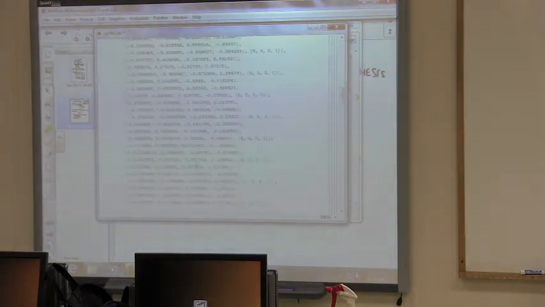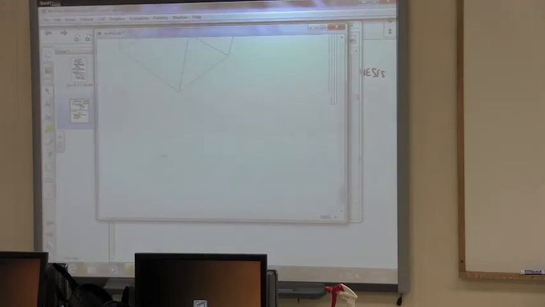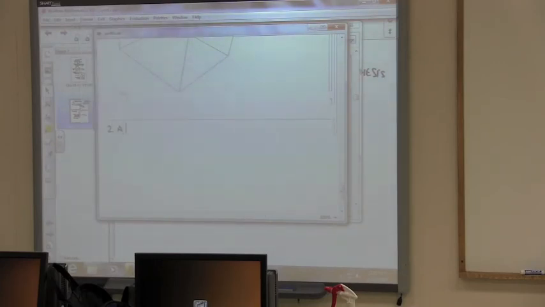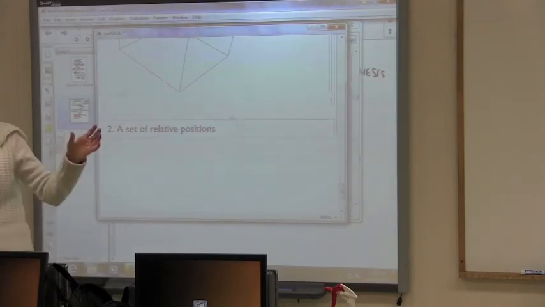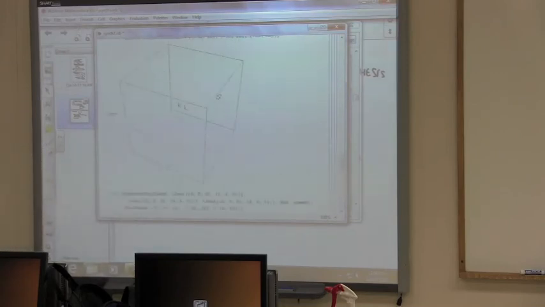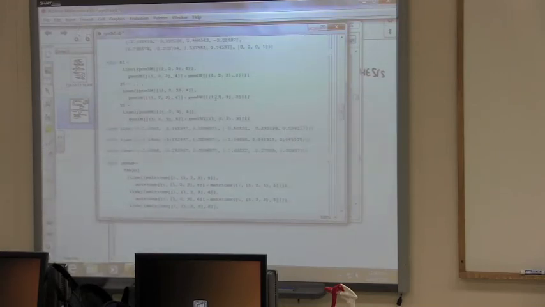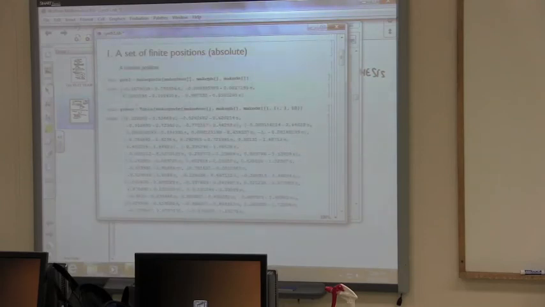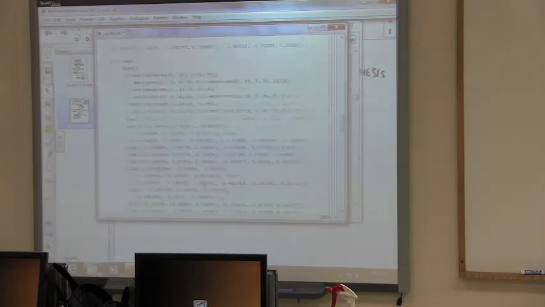And now we are going to do number 2, which is a set of relative positions. Because we are advanced Mathematica users already, we can just take this same set of positions we have defined here, the poses, and apply our equations to create the relative ones.